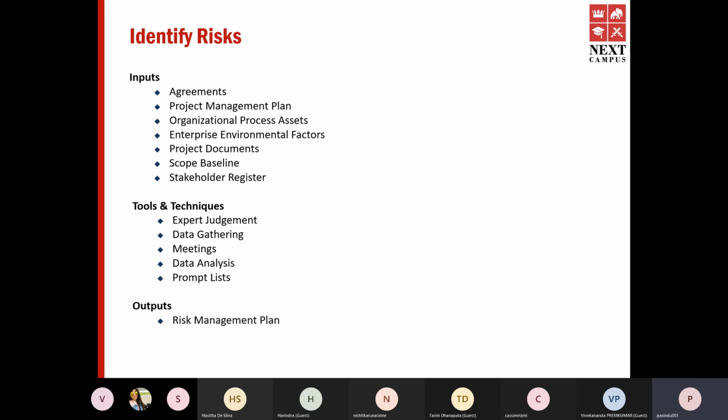A prompt list is a checklist with categories of risk. So rather than having all the risks in one document, you will categorize the risks.